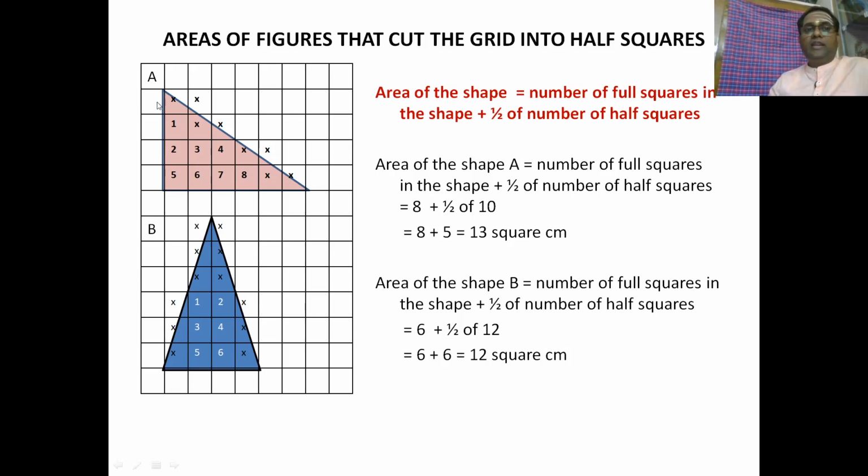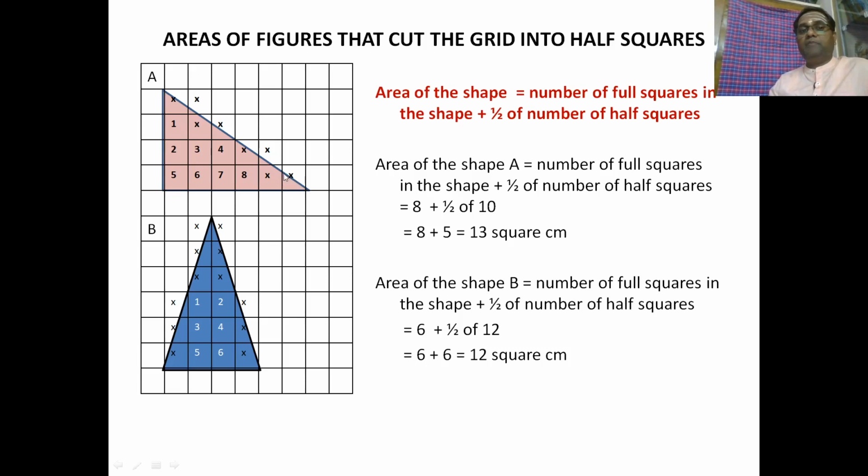Now look at the shape 1. Shape A. It is a triangle. Now the formula for calculating the area of the shape here is, you have to count the number of full squares. Full square means this is a full square. And you can see here this part is cut into a half one.